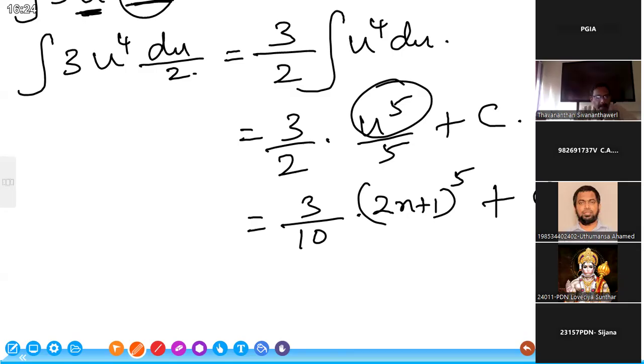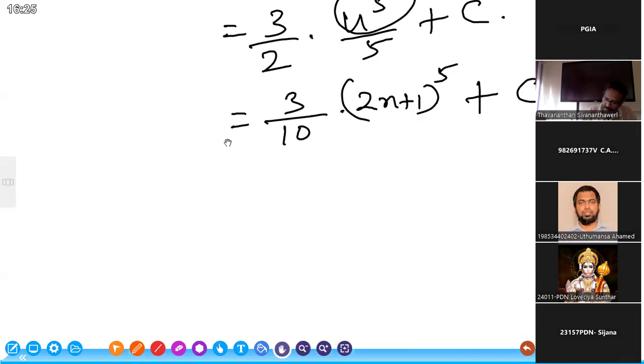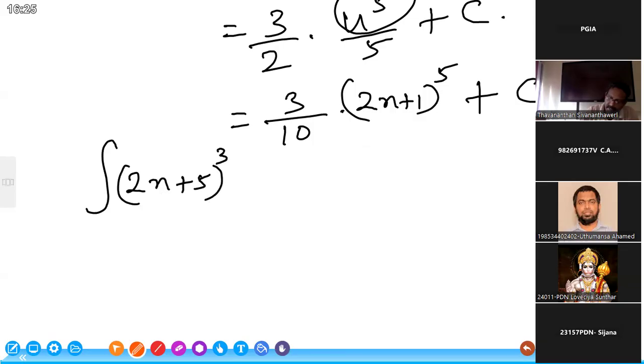Integration by substitution. We'll do another one. Integration of 2x plus 5 whole thing to the power 3 dx.